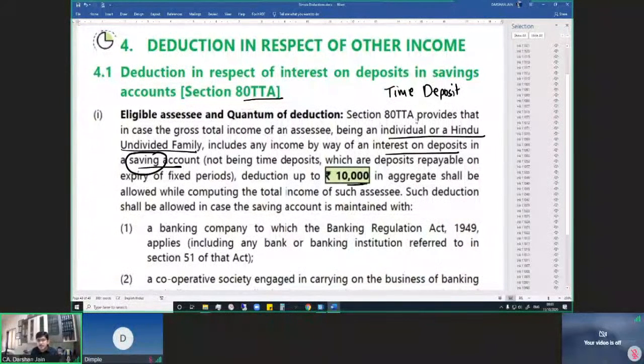What is eligible under this section is only the interest on savings deposit. All savings bank accounts are taken together. A person might earn interest on savings account in bank X of rupees 3,000, in bank Y of rupees 7,000, in bank Z of rupees 15,000. The total deduction would be maximum 10,000.